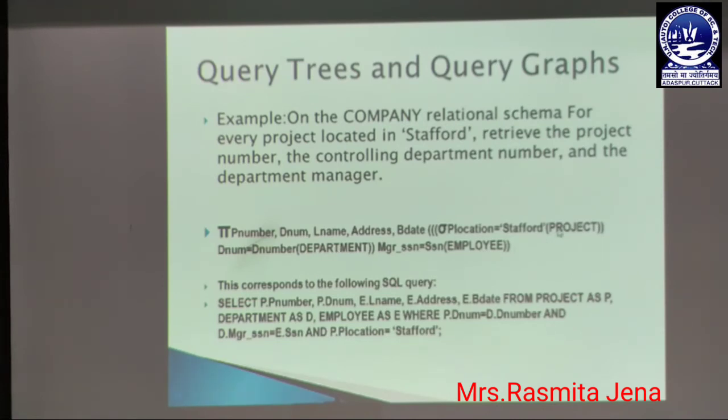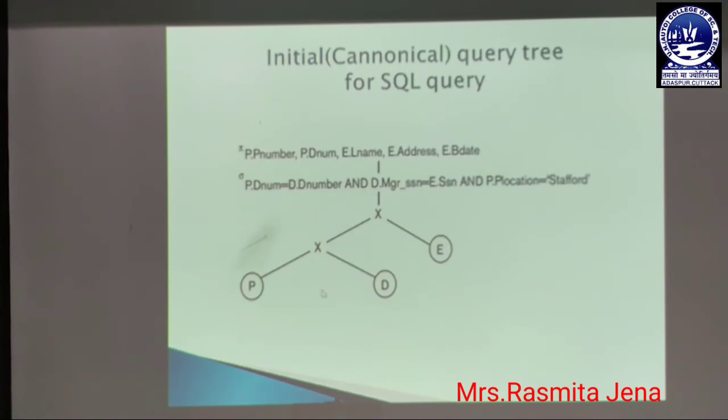So these tables become the leaf nodes of the query tree. We will form the initial tree for this query and its corresponding relational expression. So this is the initial tree. Here P represents the project relation, D represents the department relation, and E represents the employee relation.